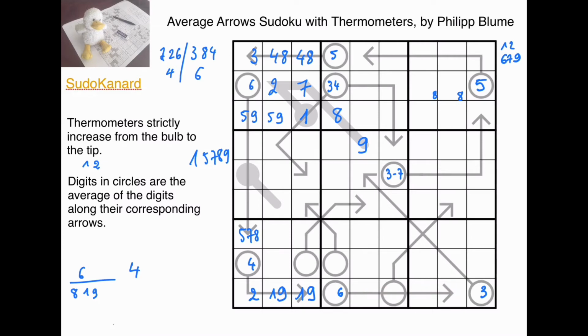What are those digits? There must be 4, 5, 7, 8. So not much here. What about this cell? It's not a 7. So the remaining candidates are 3, 5, 6, and 8. But 8 is not very likely, because none of those 3 cells can have a 9, so 8 is impossible.